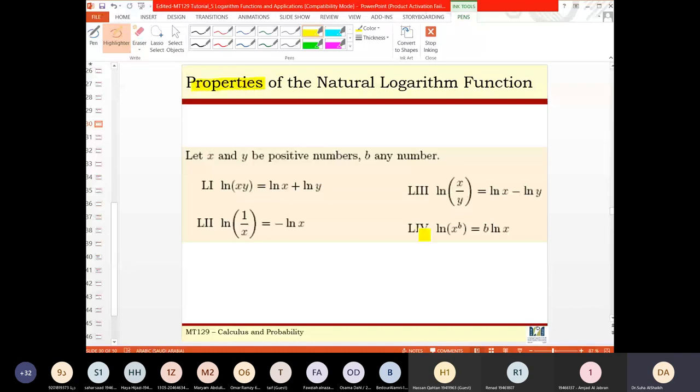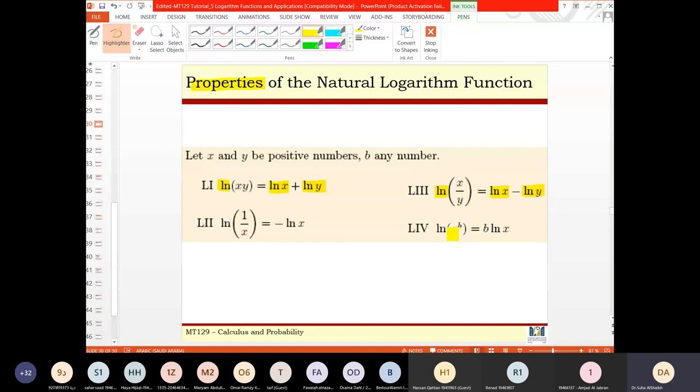Those are four important properties that we have for the logarithmic function. If I have ln of x multiplied by y, this equals ln x plus ln y, which means the ln of a multiplication is the ln of a sum. Also, the ln of x over y is equal to the ln of x minus the ln of y.